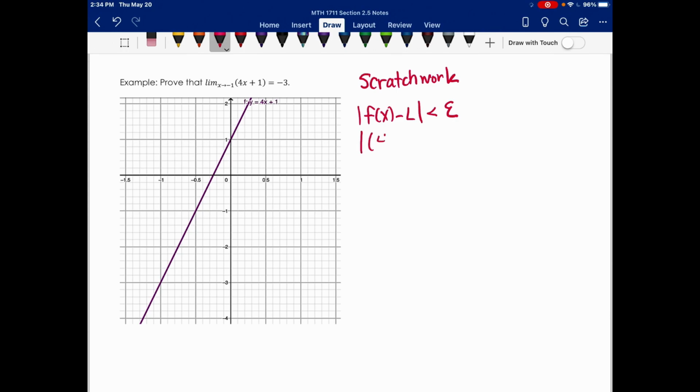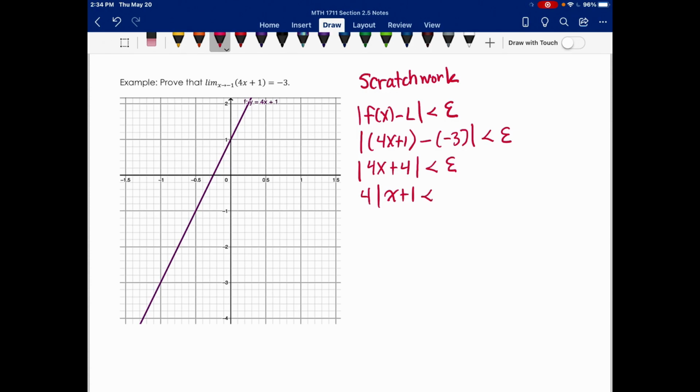So our function is 4x plus 1 and we're subtracting a -3, and this needs to be less than epsilon. So when we simplify this, we're going to get 4x plus 1 and then a plus 3. So we're going to have 4x plus 4 is less than epsilon. I can factor out the 4.